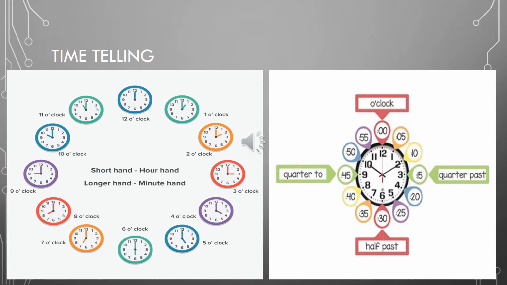Similarly, when I ask you to draw the hands of a clock for 4 o'clock, you will draw the smaller hand towards 4. And where do you draw the bigger hand or the longer stick? Towards 12. Very nice.